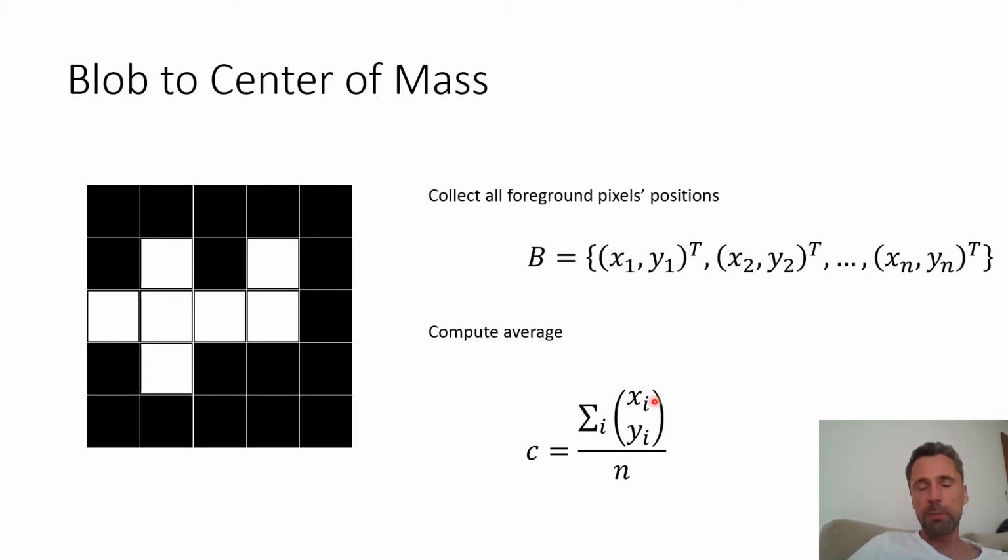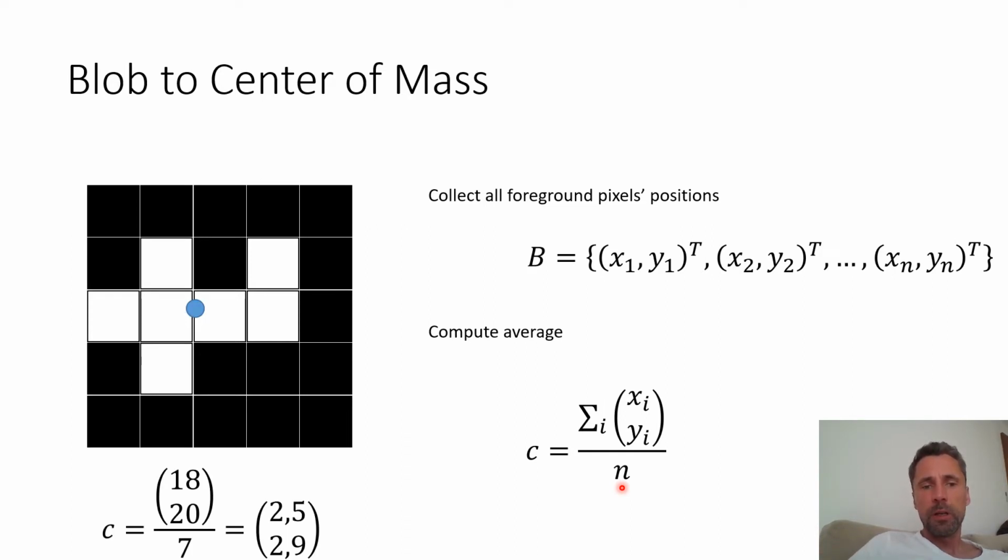So it's basically summing up all those pixel positions and dividing them by n, which would in this example be 7. So I did that here by hand. We would sum up all the x values.